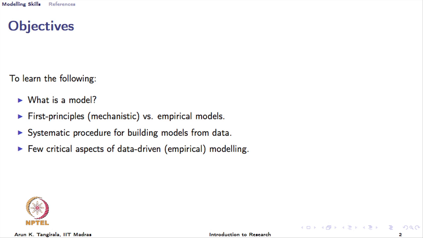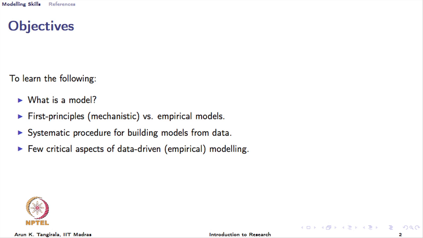As I said a few moments earlier, we will largely focus on data driven modeling, because that is where a lot of expertise is not available, or a lot of beginners find it very difficult, and therefore, I would like to concentrate on the same and also talk about a few critical aspects of data driven modeling.